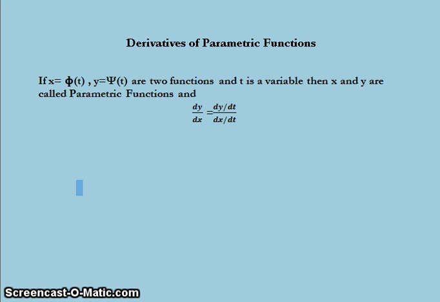And dy by dx is given as the ratio of dy by dt and dx by dt. Thus the derivative of a parametric function with parametric functions x and y and variable t is equal to dy by dt divided by dx by dt.